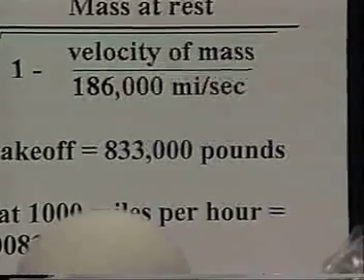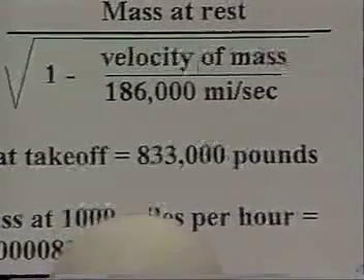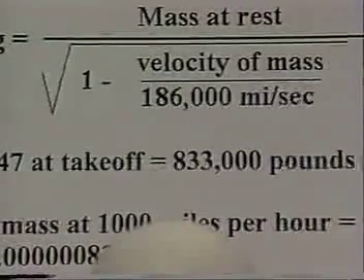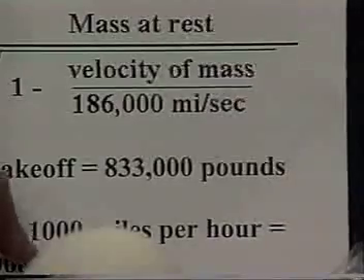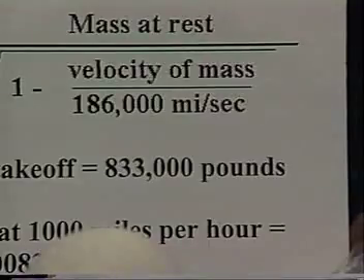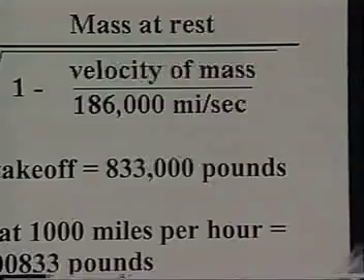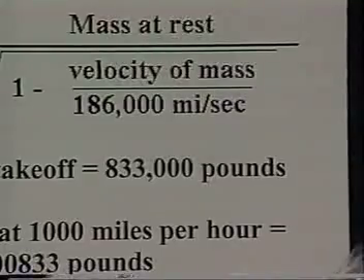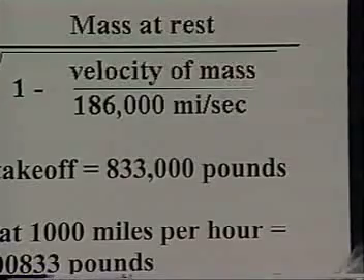But if we could get it up to 1,000 miles an hour, its mass would increase, but it would only increase 0.000000833 pounds, which is nothing. Probably about the weight of my nail clipping right there.